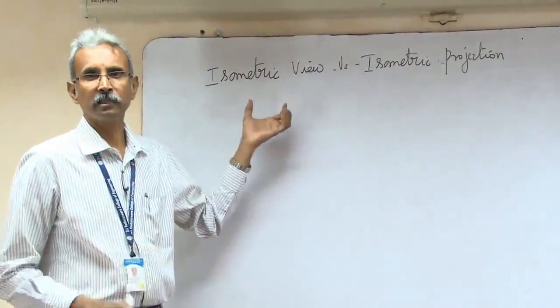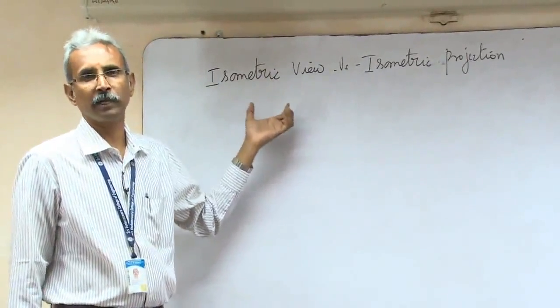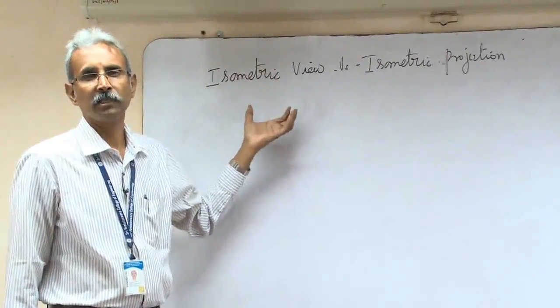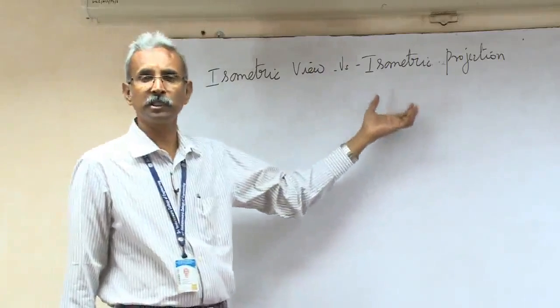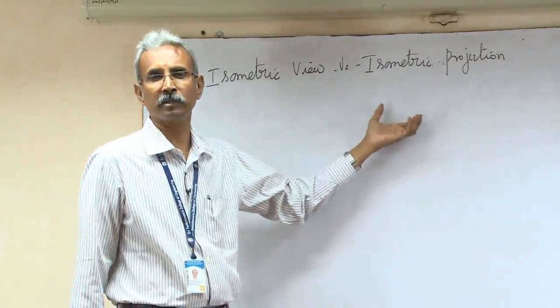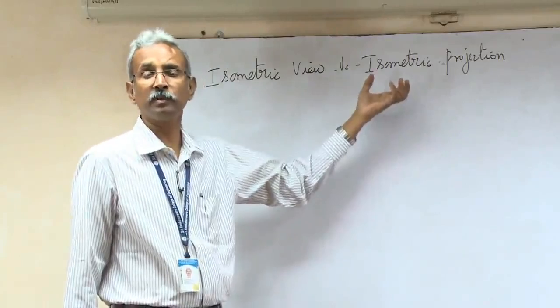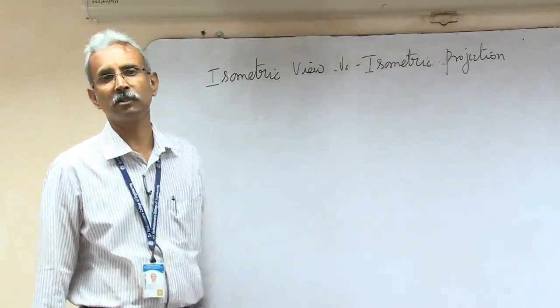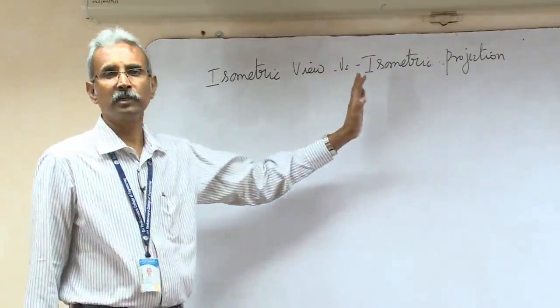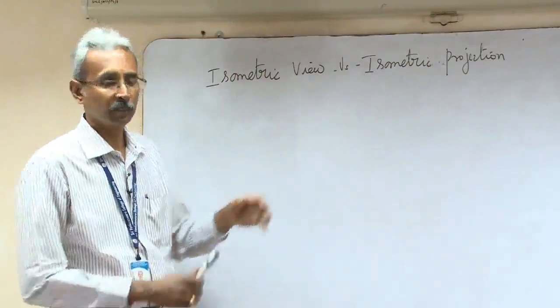When the question says isometric view of a solid, then take the actual size. Or if the question says isometric projection of a solid, cube or a pyramid or a prism, then you need to calculate the isometric length and then construct the solid. So this is one thing you have to remember.